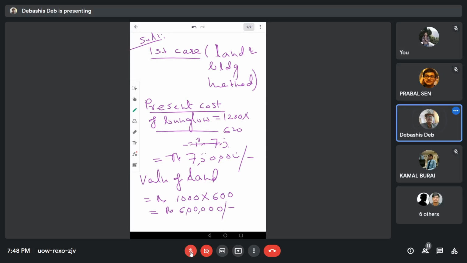So this much. Okay. So I can write down valuation of the property, summation of these 6 lakhs and 7,50,000. So it is coming 13.5 lakhs.